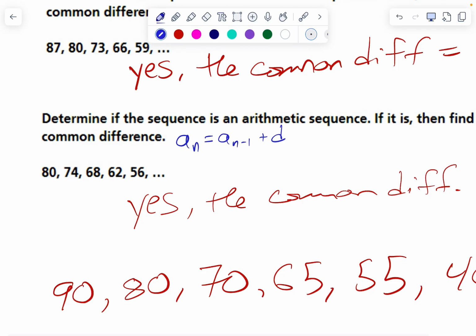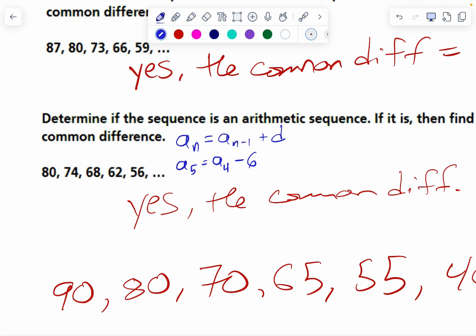So a sub 5 equals what? Fifth term. A sub 4, which is the fourth term. And what was our common difference in this one? 6. Okay, minus 6. Does that work? Well, let's see. Take the fourth term, 62, and subtract 6, we get 56. That's the fifth term.